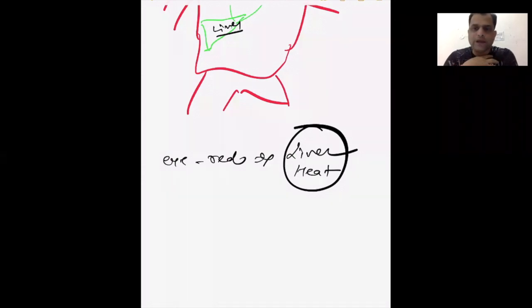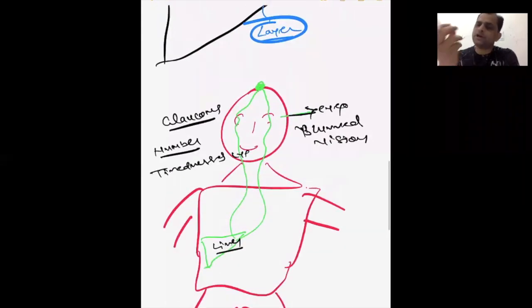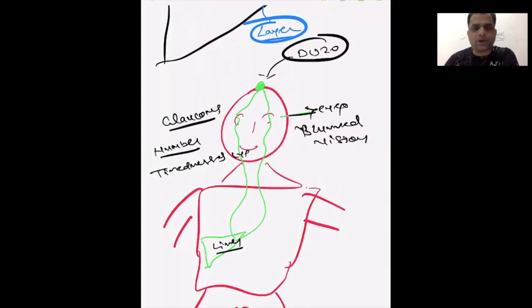In my village, I have seen one person who treats liver patients with one very good treatment. He takes some Ayurvedic herbs and puts them on the DU 20 point, the Sahasrara chakra, the top of the head.